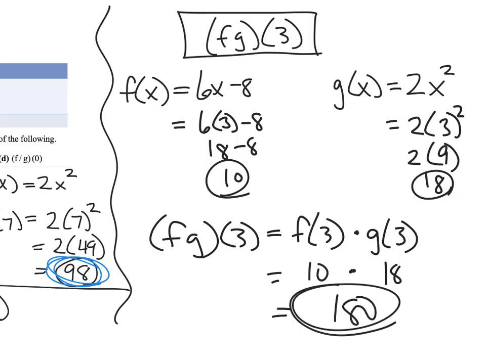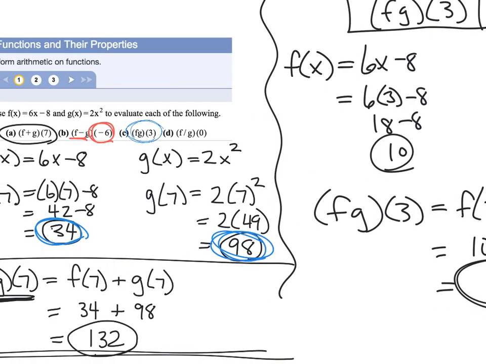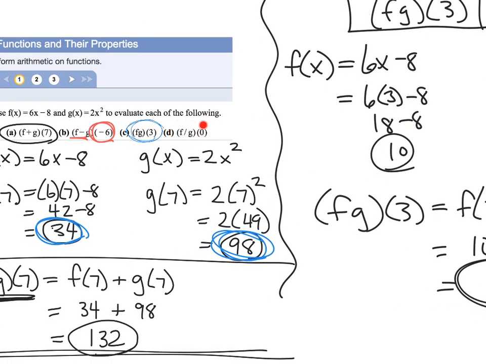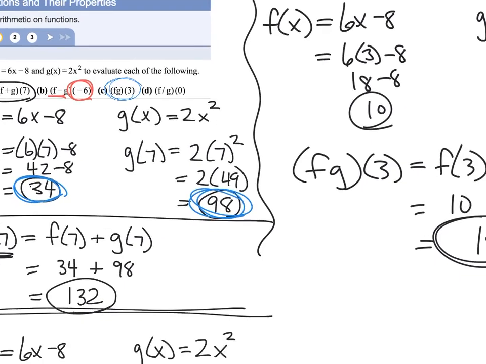All right, and then the last one, exact same concept, only now it's division. We want f divided by g of 0. So what is that going to look like?